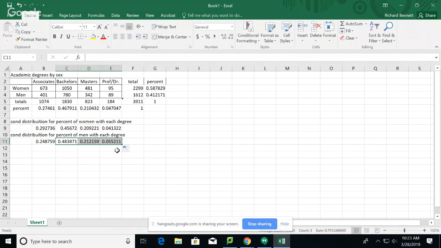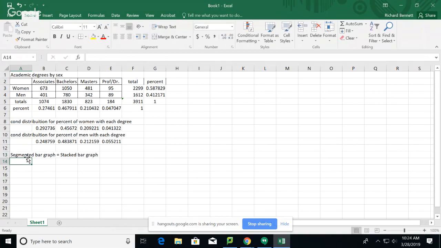All right, so that would be an example of a conditional distribution. Now, there are a couple of other interesting graphs in here. In the book, they refer to this as the segmented bar graph. Now, when you guys are doing your poll, I don't know if I like this graph, but in Excel, we call it the stacked bar graph.